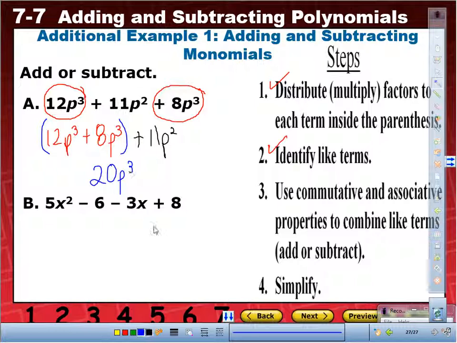And I just bring the other one down. That's 11p squared. And I'm done. Why can I not combine these two anymore? Because this one has a totally different exponent. Remember, they need to have the exact same variable with the exact same exponent. Have you got it? Okay. Do this one by yourself. See what you get.